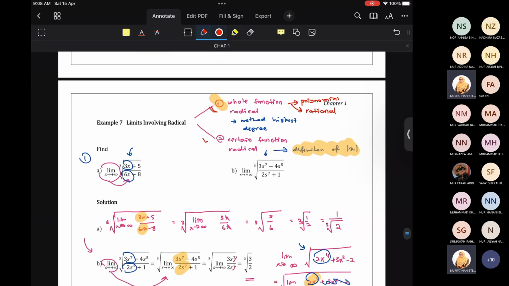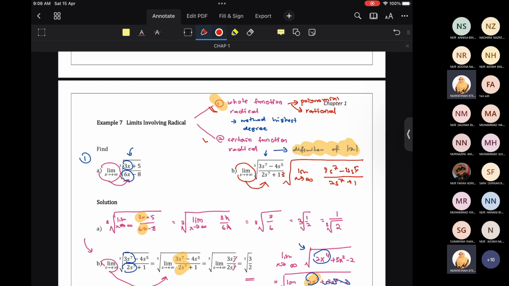Bila kita solvekan whole function yang ada radical, it's very simple. You just need to bring the limit inside the radical. Bila masukkan kat dalam, dia akan jadi macam ni: limit x turn to infinity, (3x^7 minus 4x^5) divide by (2x^7 plus 1), radical dekat 2.